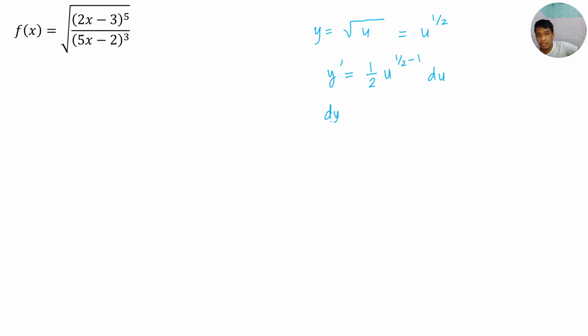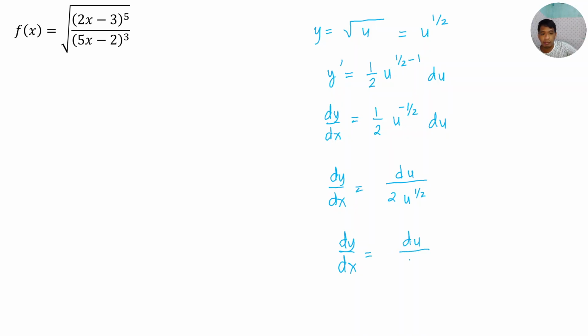Then dy dx is equal to 1/2 u to the negative 1/2 du. dy dx is 1 over 2 u to the 1/2 times du. And then dy dx is simply du over 2 square root of u.